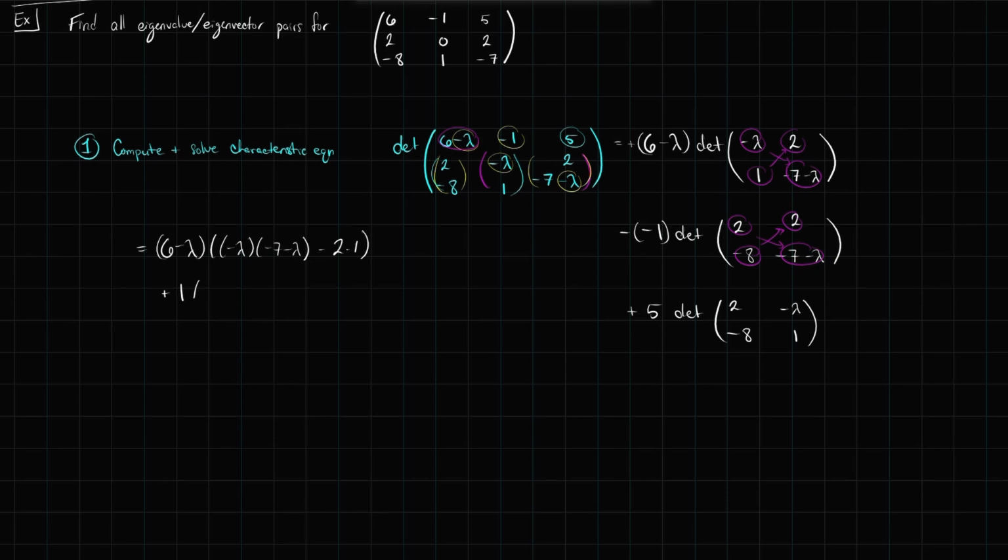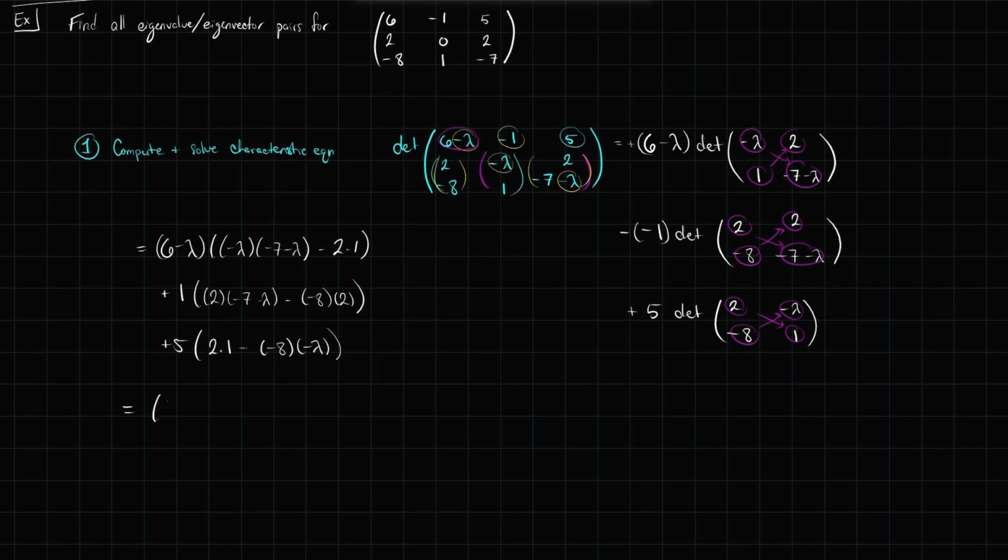So we'll have 2 times -7 minus lambda, minus -8 times 2. Then we're left with 5, determinant AD minus BC, and that'll give us 2 times 1 minus -8 times -lambda.